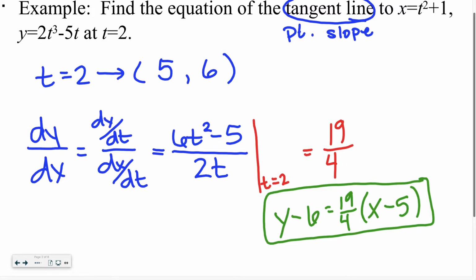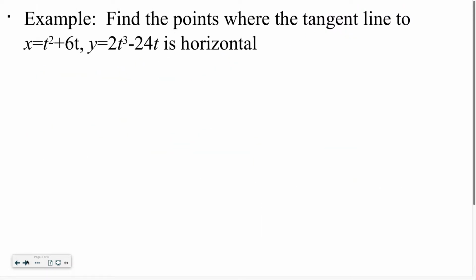So let's talk about horizontal and vertical tangent lines. So this is our new example, and it will last us this slide and next slide. So if we are talking about a horizontal tangent line, we are looking at when our slope is 0. Well, when we're talking about a parametric derivative, we have a fraction every time, right?